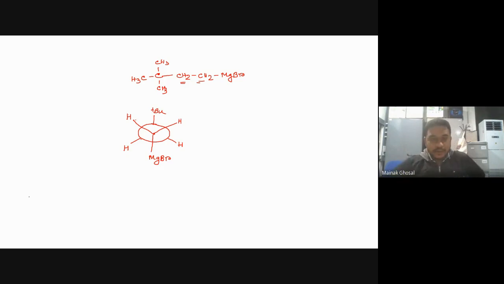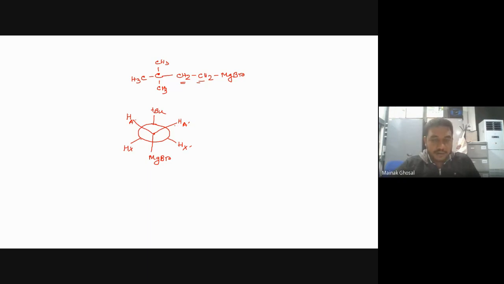Okay. Now, see this hydrogen, suppose I name it as A, and this A prime. This hydrogen I name it as X, and this X prime. You see, this and this hydrogen will be different at low temperature.